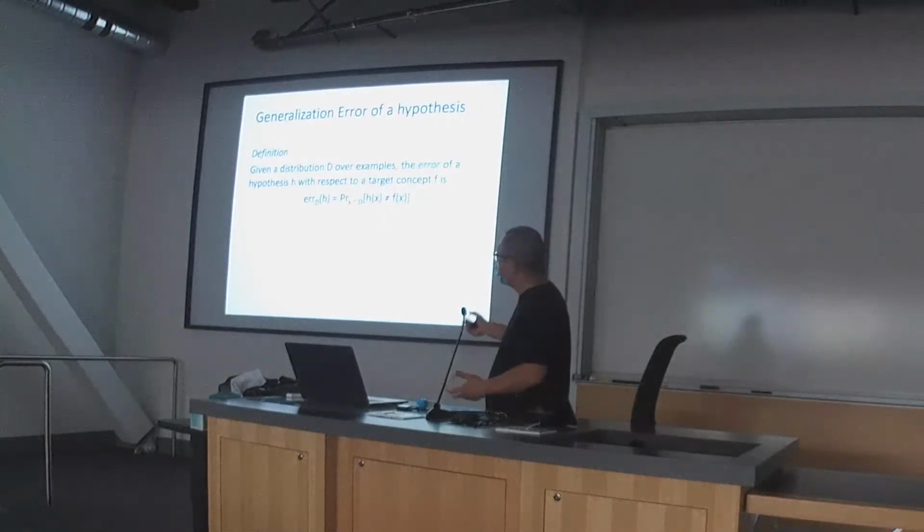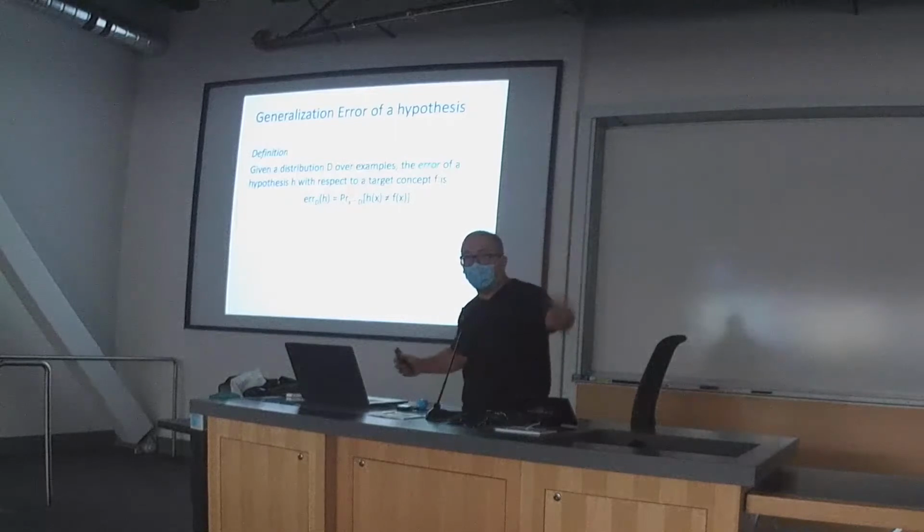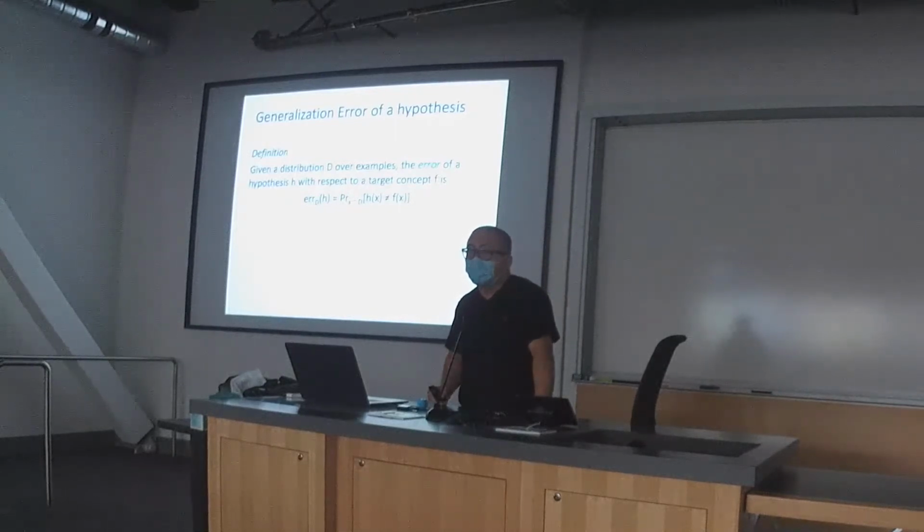You can see that this distribution D actually includes all possible cases of x. That is called the generalization error. And of course, our goal is to make this generalization error as small as possible.